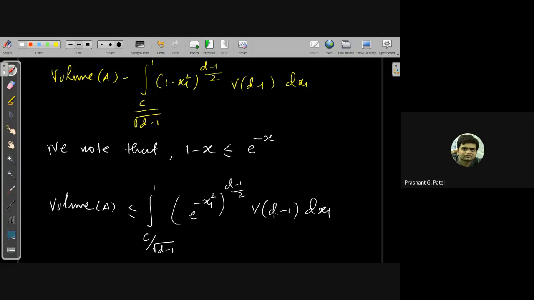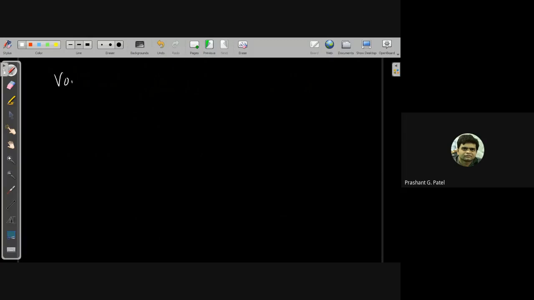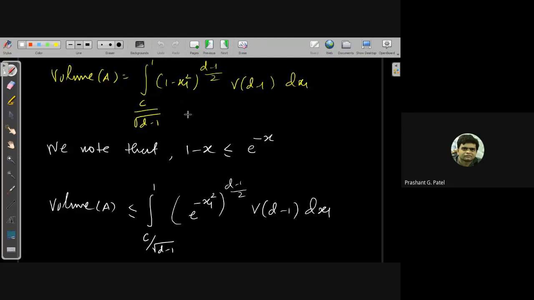Now, this is right: volume of A is less than or equal to the integral from c by square root of d minus 1 to infinity. See, this limit is till 1, and if I add infinity, there are many terms I'm adding here. So the integration is from c by square root of d minus 1 to infinity here.